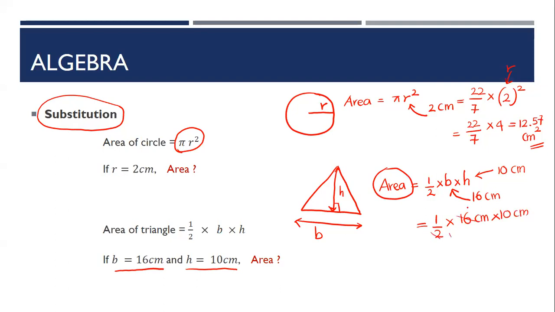So half of 16 is 8, and 8 into 10 is 80, and centimeter into centimeter gives centimeter square. Simply we are substituting these values. In our first example we substituted the r value of 2 centimeter, and in the triangle area example we substituted the B value and the H value.